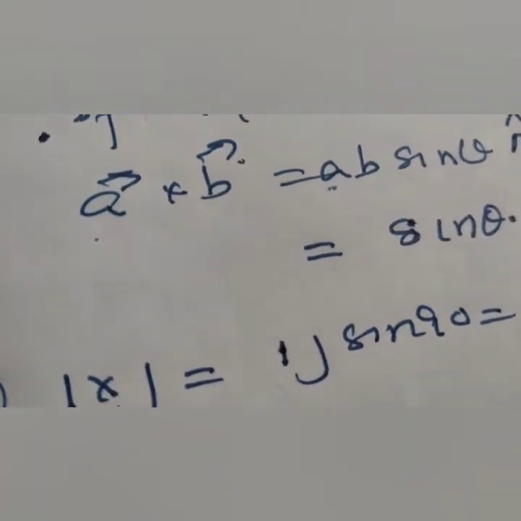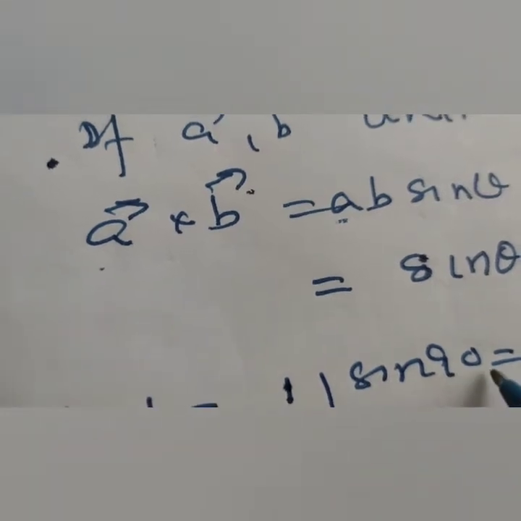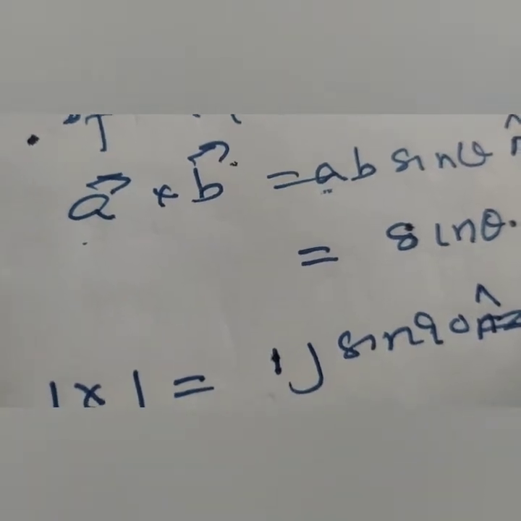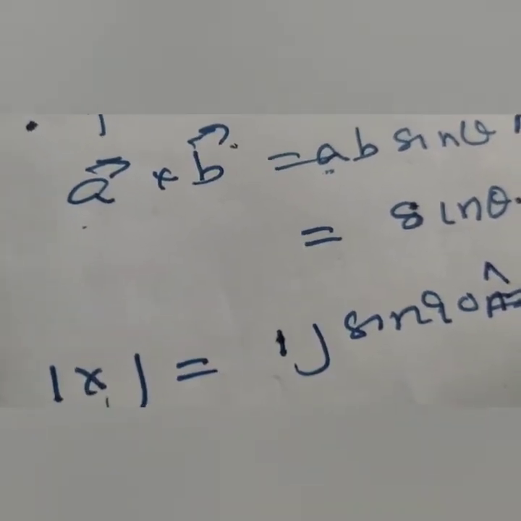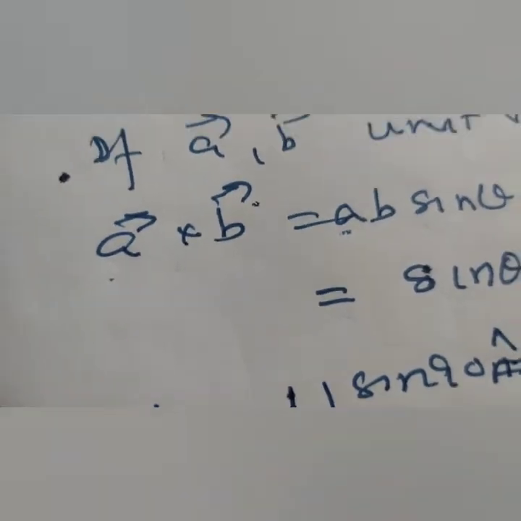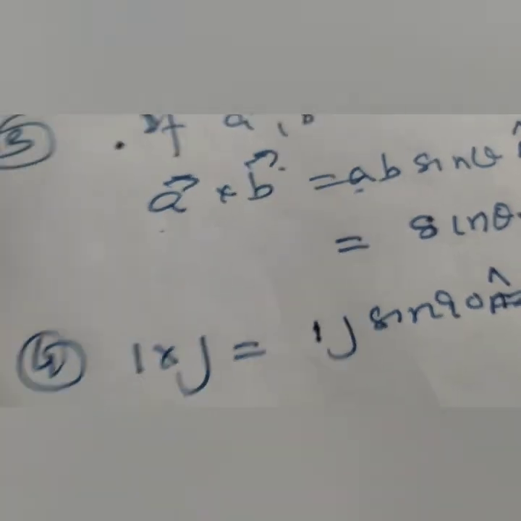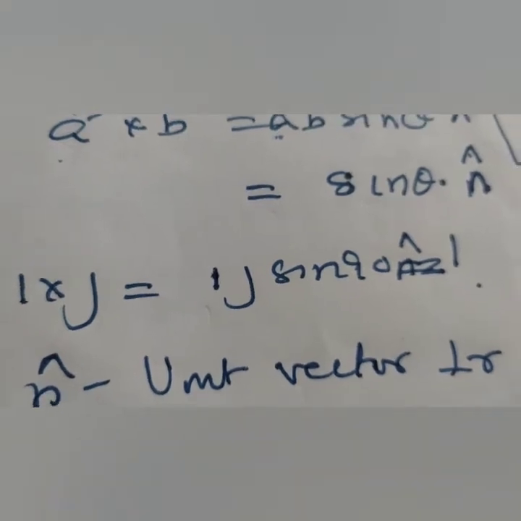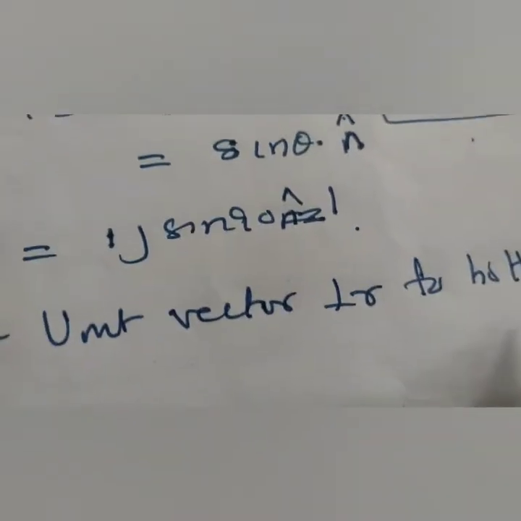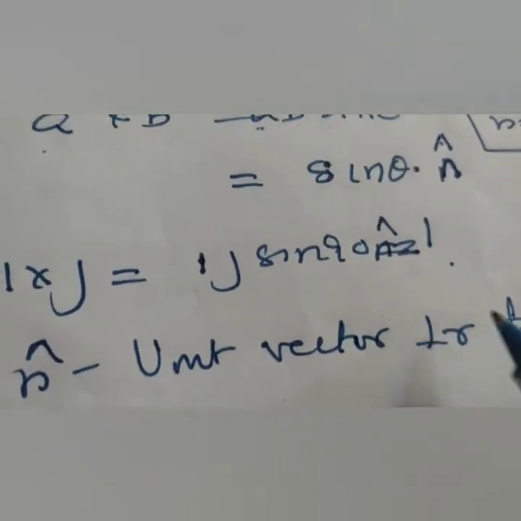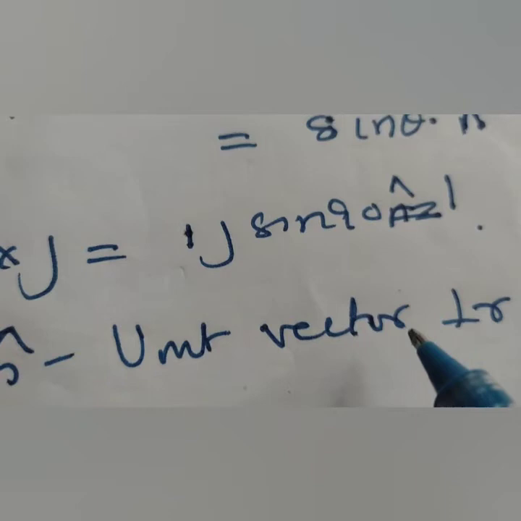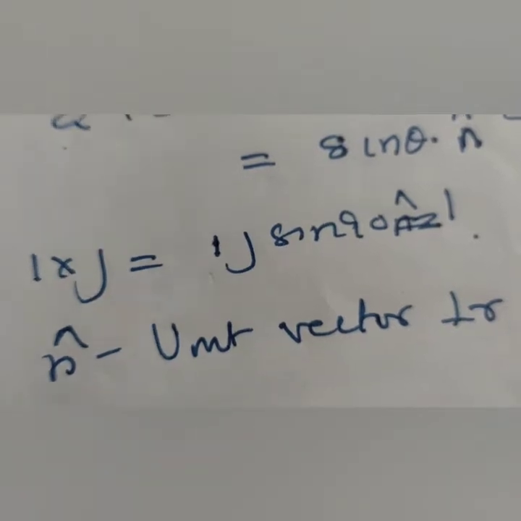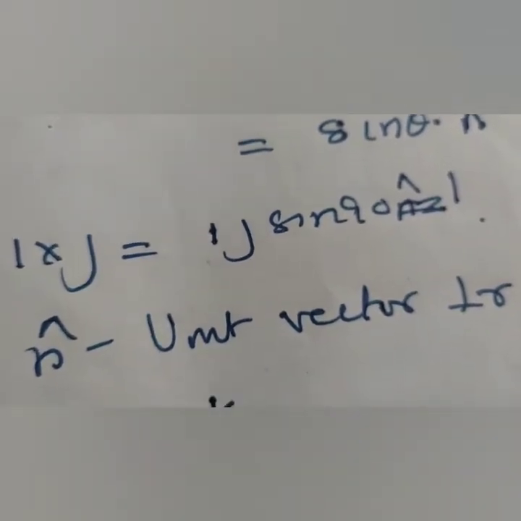Sin theta into n, where n is a unit vector, so its direction is perpendicular to both I and J. So n is equal to k.